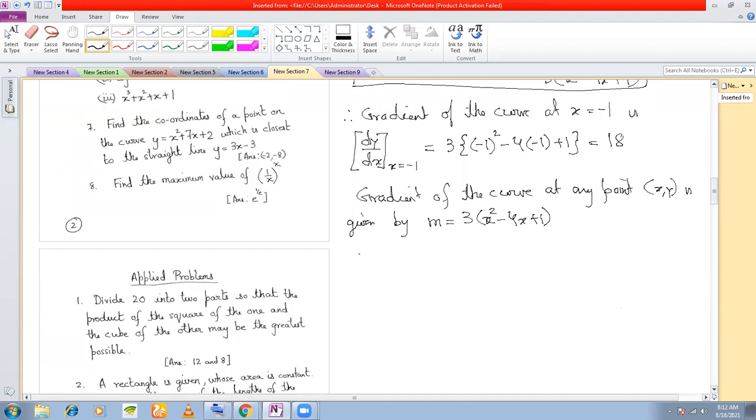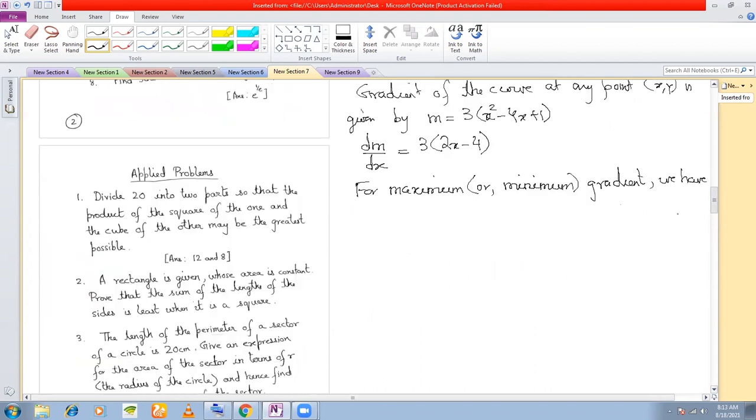First of all, find dm/dx, which we get as 3 times (2x minus 4). Now, for maximum or minimum gradient, that is for turning points, we have dm/dx equal to 0.